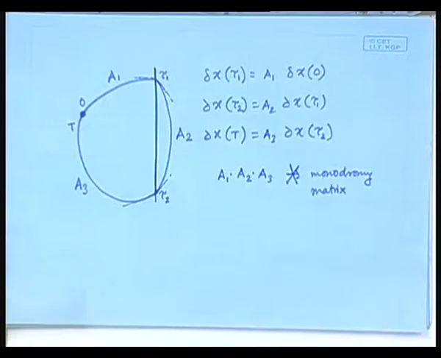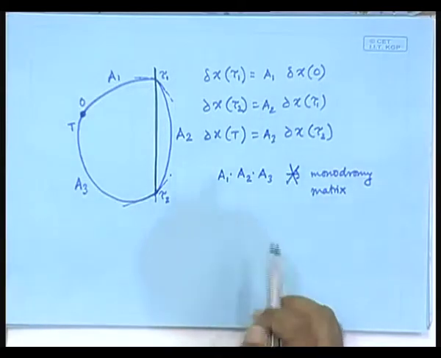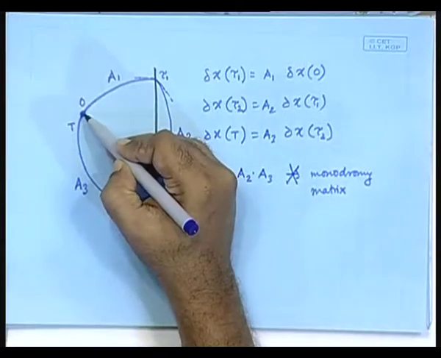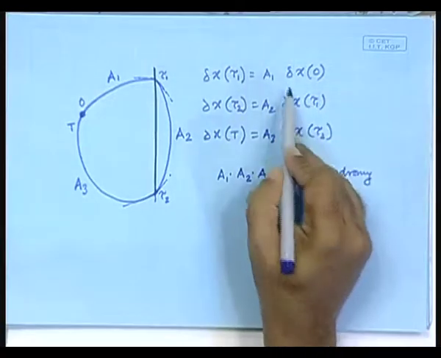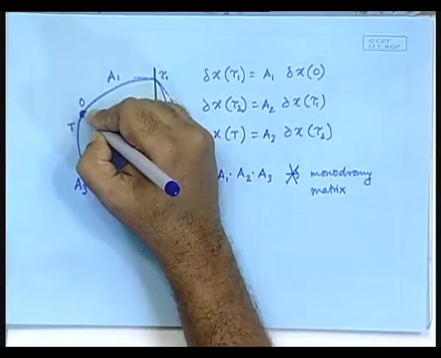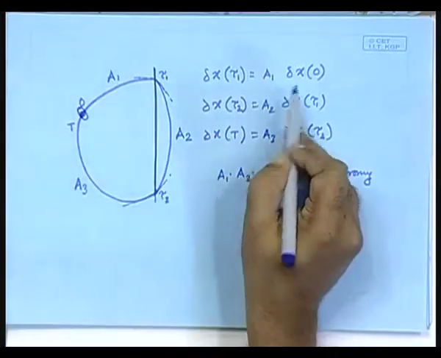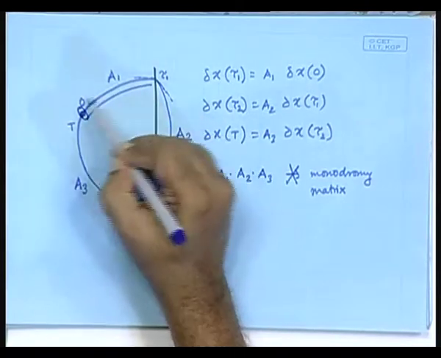This is important, because most people make a mistake at this point, that these are not the same. Why? The reason is something like this. When you are starting from here, when you are writing this delta x naught, you are essentially saying that I am considering a perturbation, and then when you are reaching here, you are saying that this is how my perturbation is flying.